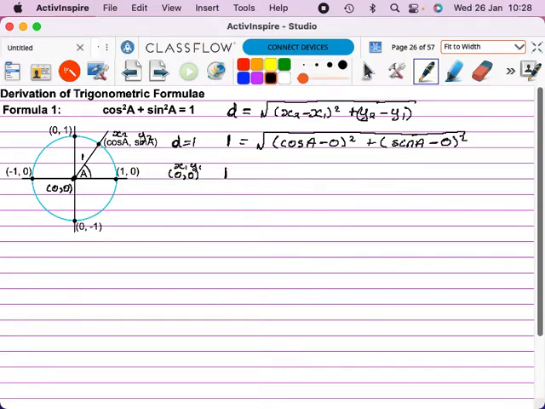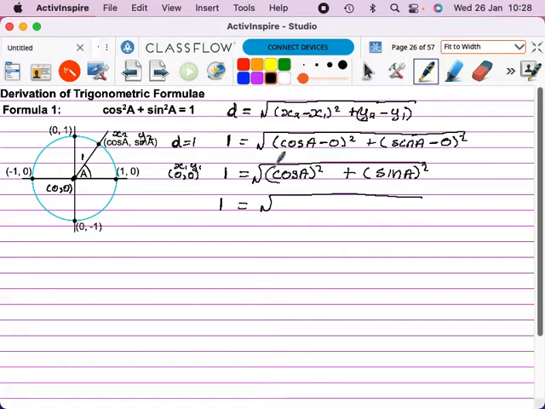Tidy up line, 1 is equal to, well, cos minus 0 is just cos, so we got cos A, now all squared, plus bracket sine A, all squared, with a square root symbol around it. Now we're going to basically just square both sides in order to get rid of the square root.